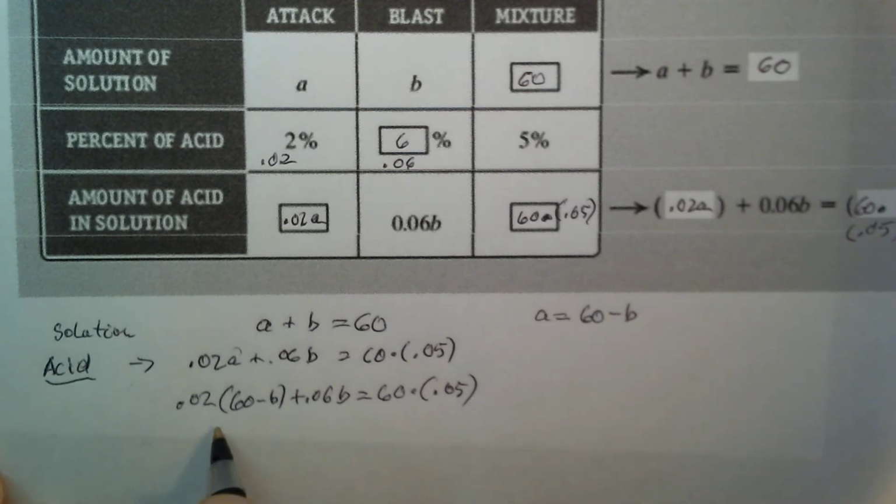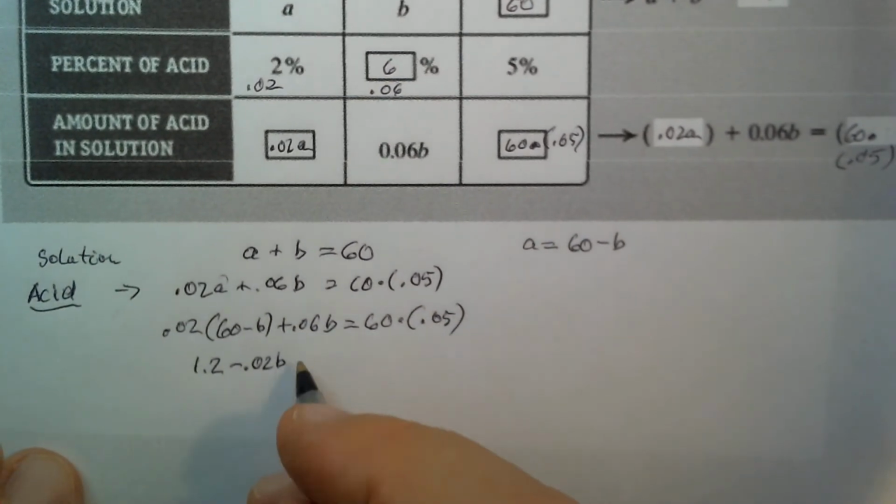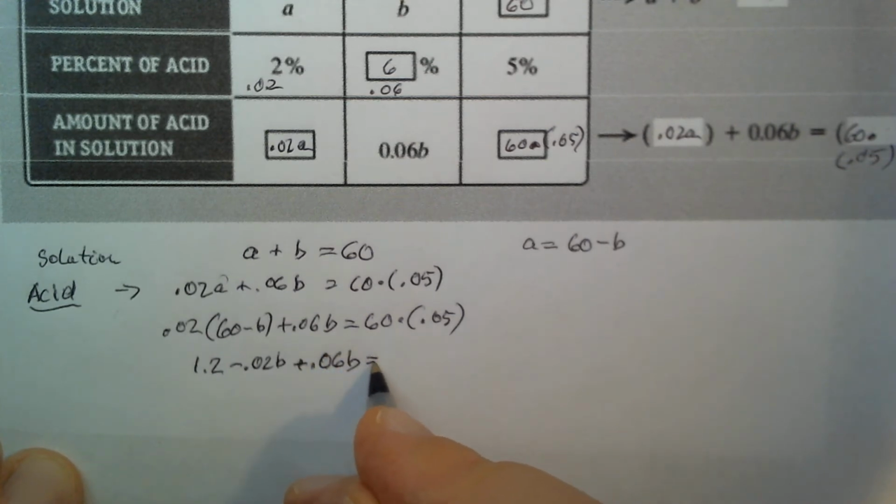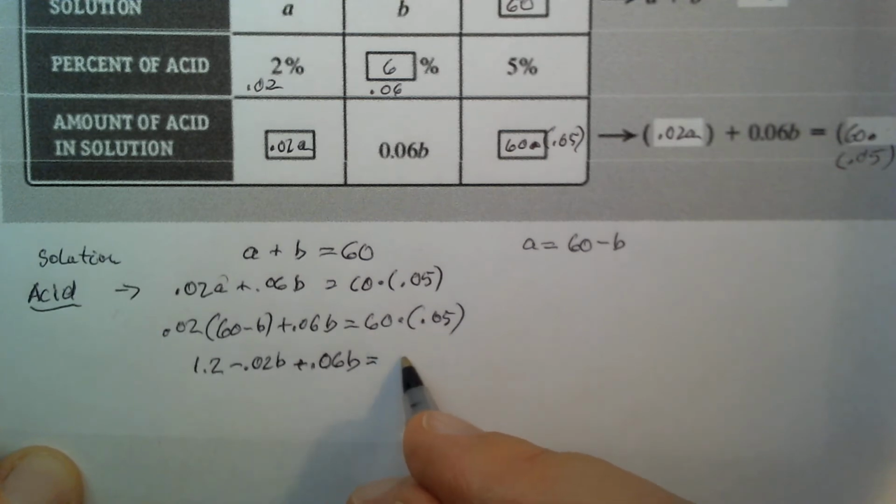We use the distributive property to eliminate the parentheses here. 0.02 times 60 is 1.2, minus 0.02B plus 0.06B equals 3, because 60 times 0.05 is equal to 3.